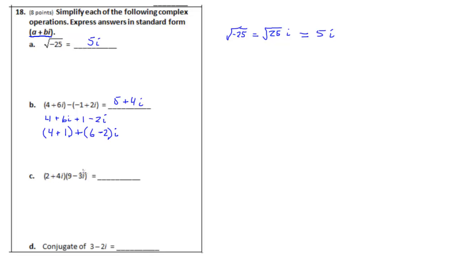Now we have a multiplication problem here. This is just standard FOIL distributive property technique. 2 times 9 is 18. 2 times -3i is minus 6i. 4 times 9 is 36i.